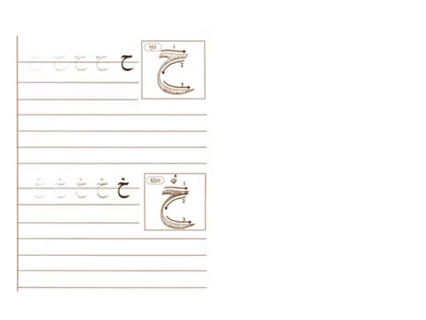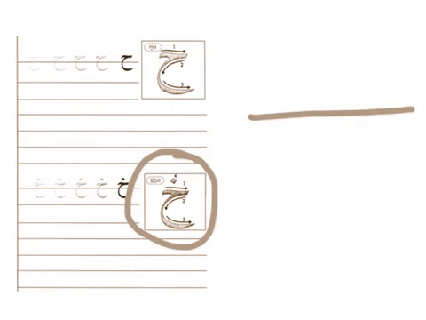Now go on to the bottom of the page and we're going to write the letter Cha. As I mentioned, the letter Cha looks exactly like the letter Jim and the letter Ha. The difference is the point that goes above the letter. Let's try to write it together.